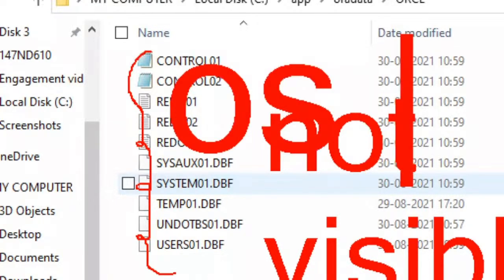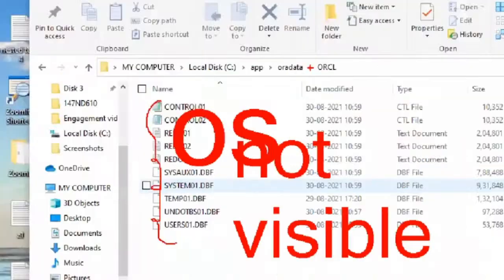Very, very important. Tables are not visible in the C drive, D drive like that. Views are not visible in the C drive, D drive, E drive like this. Indexes, functions, procedures, not visible. That is visible in a database, I agree. But unfortunately, that is not visible in the operating system.